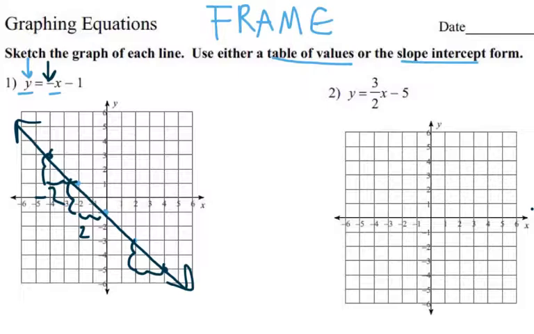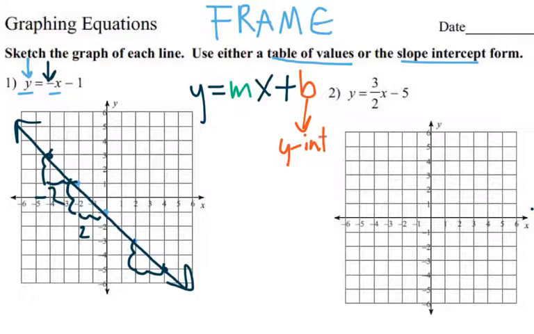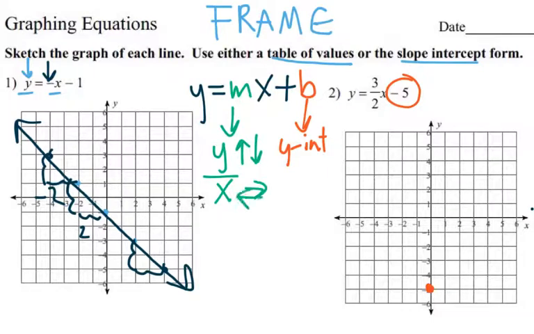Okay. Now, if we're talking about slope-intercept form, remember that's y equals mx plus b, where we've got our y-intercept, where it goes on the y-axis, so a -5 here. We draw our starting point at -5. Then our slope, usually a fraction, the y value over the x, up or down, over right or left, and ours is 3/2.